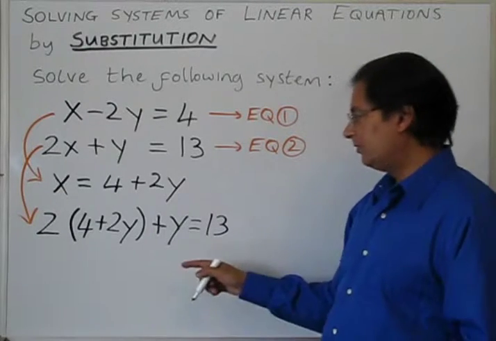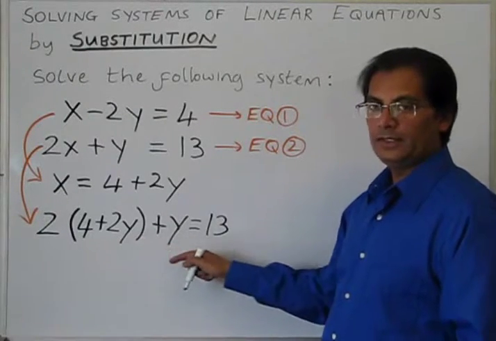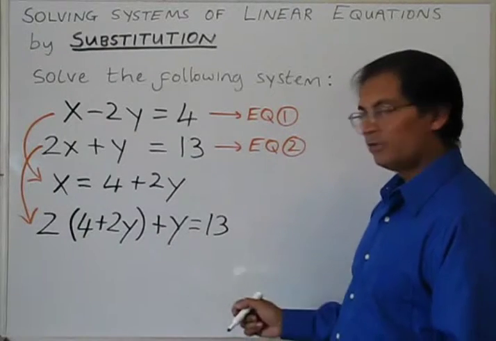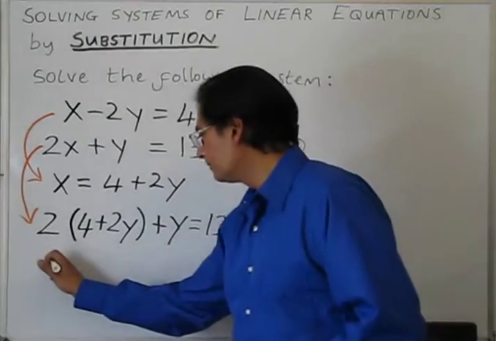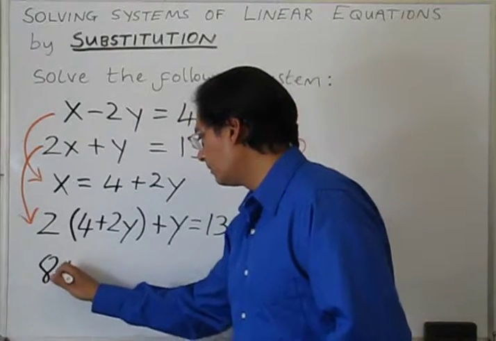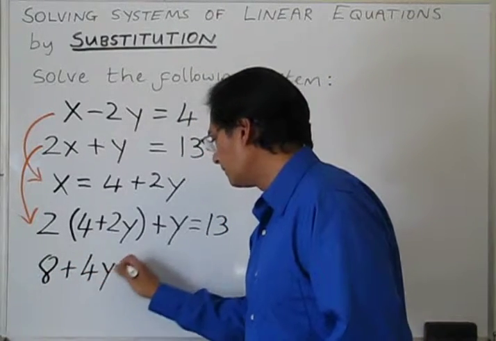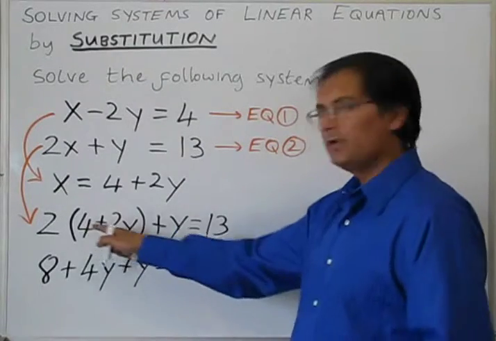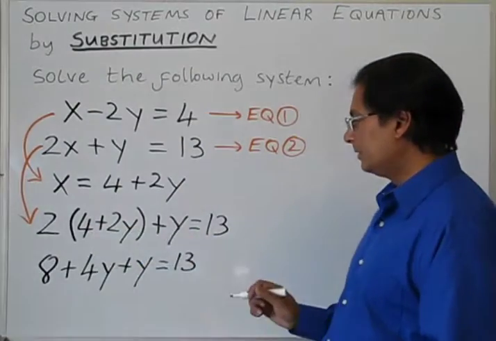So now we have an equation that has y's only in it, and we can solve this for y. If we continue solving this equation, we get 8 plus 4y plus y equals 13, using the distributive property, multiplying through by 2.